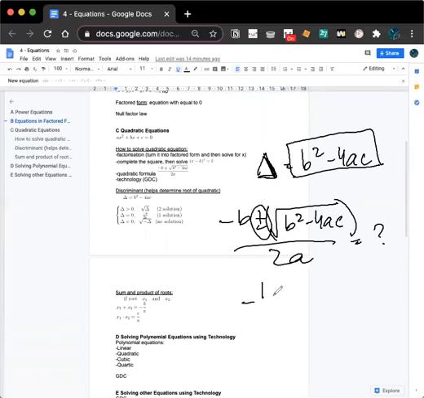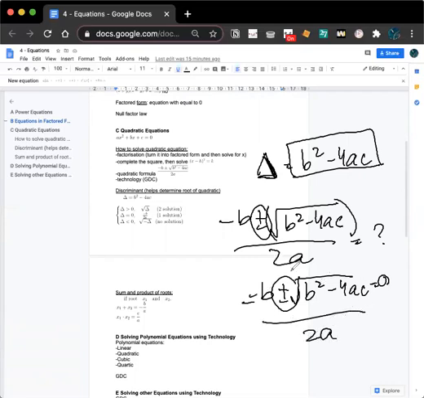But if the square root of b squared minus 4ac results in a 0, then the plus minus sign is gone and there's going to be only one answer. Let's just say b squared minus 4ac equals 0.